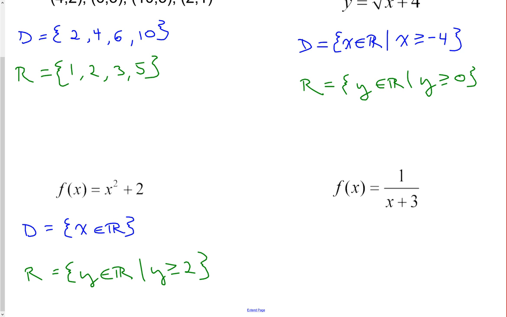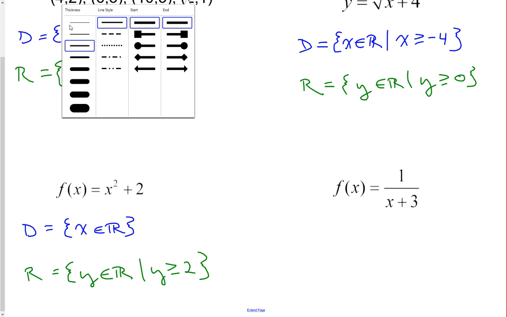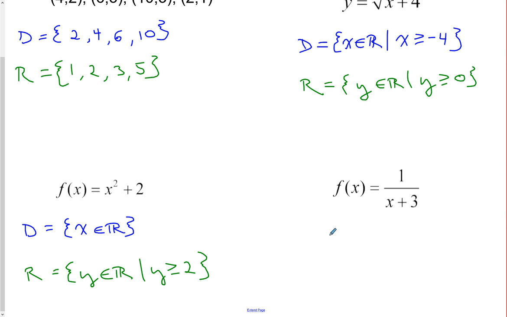Okay, so let's write those out. I'm going to say my domain is x is an element of real numbers such that x cannot be negative 3.